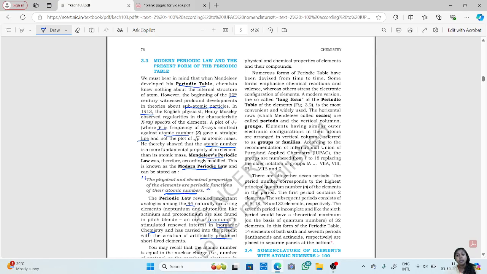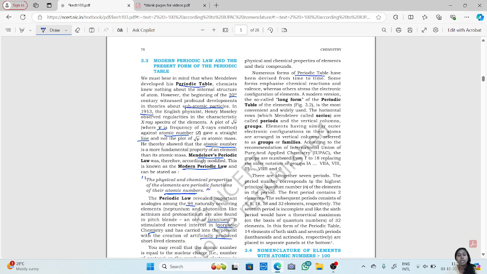Now, numerous forms of periodic table have been devised from time to time. There were various periodic tables which had a lot of limitations or drawbacks, so new ones were put forth. After various consultations, now we have the modern periodic table which we follow.